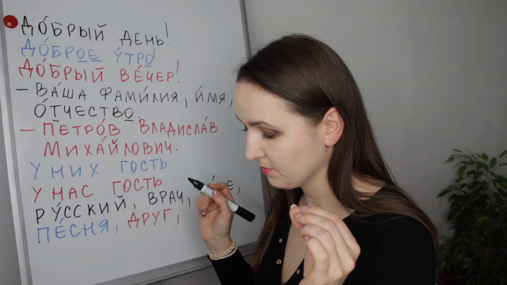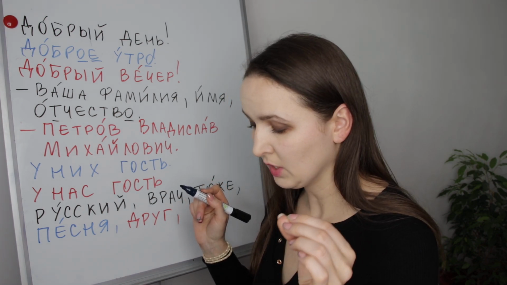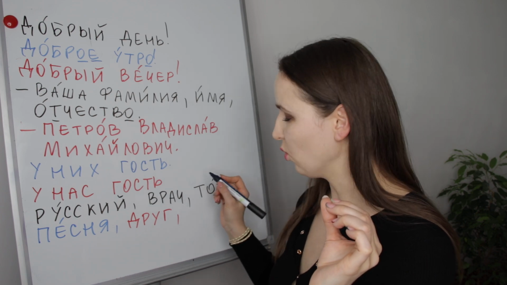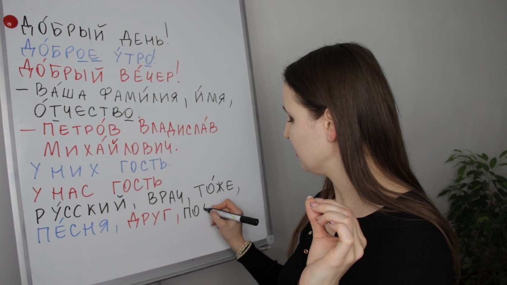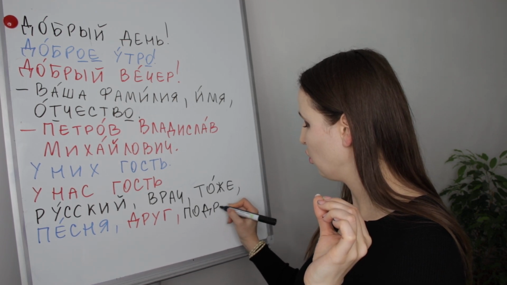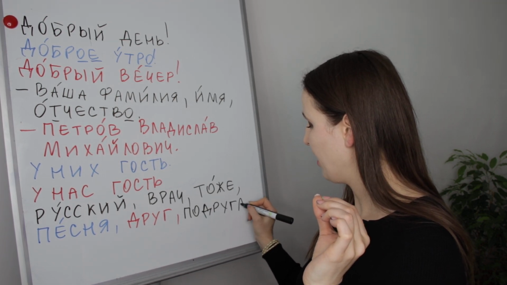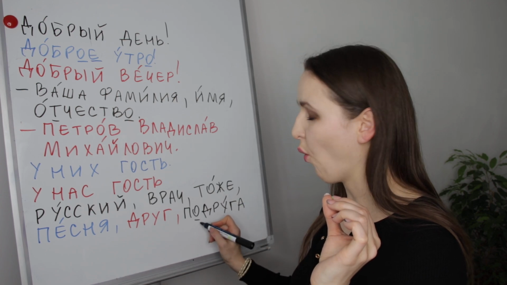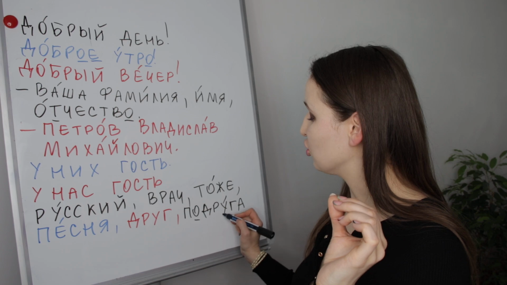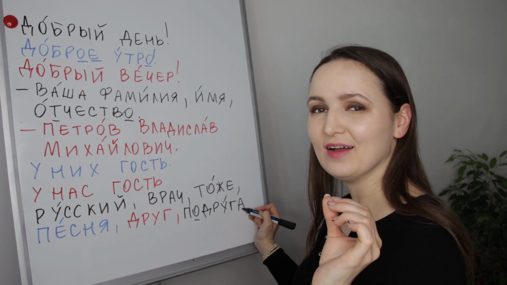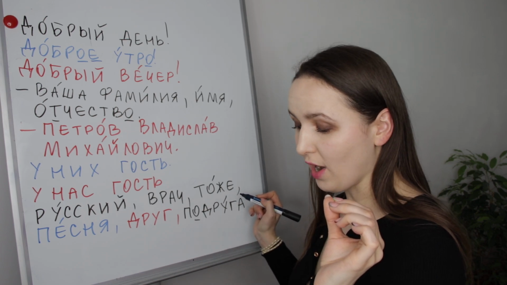Дальше. Подруга. A female friend. Подруга. O, not stressed, will be pronounced as A. Подруга.